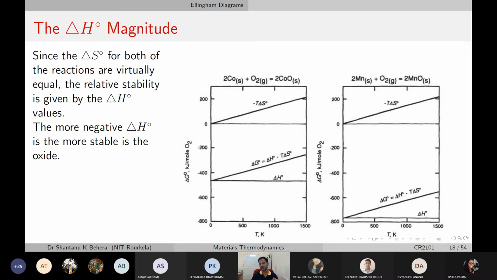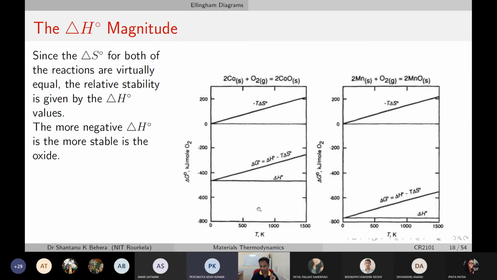Okay. Because correspondingly, you'll see that the oxygen partial pressure required for any temperature to oxidize this one is going to be much higher than what it's going to be for this one. Because for this one, the delta H is so negative.